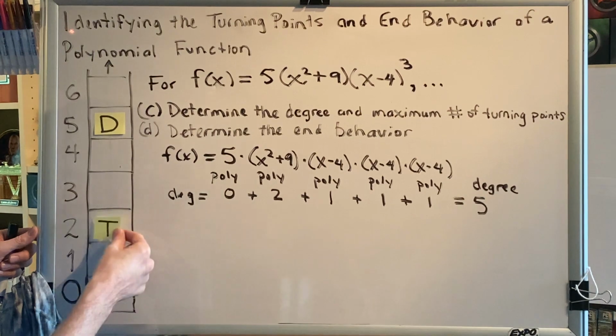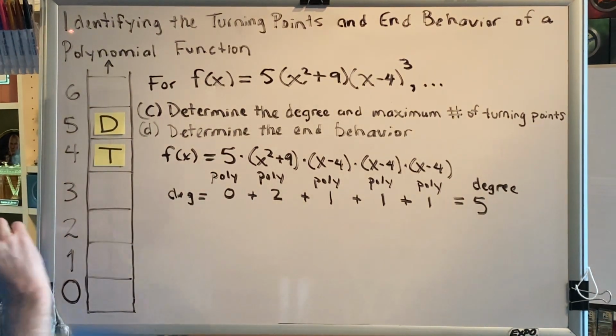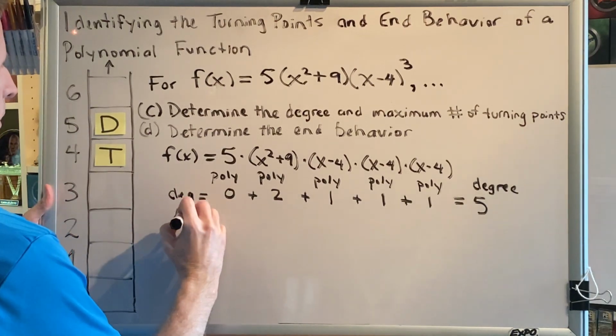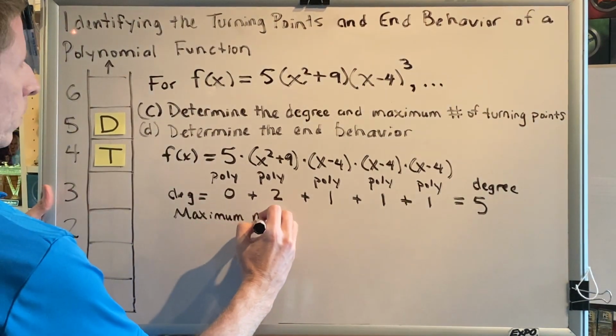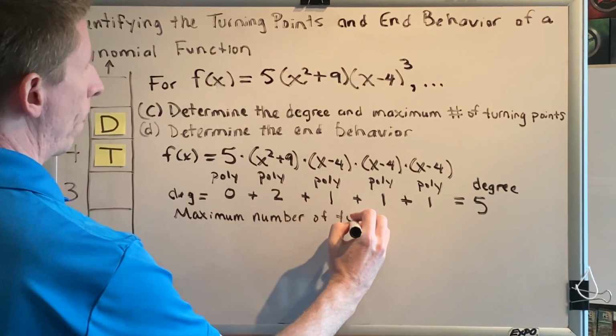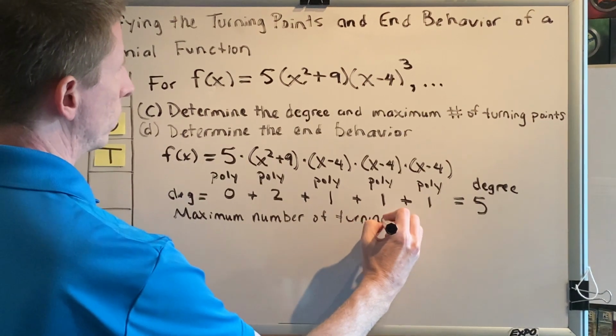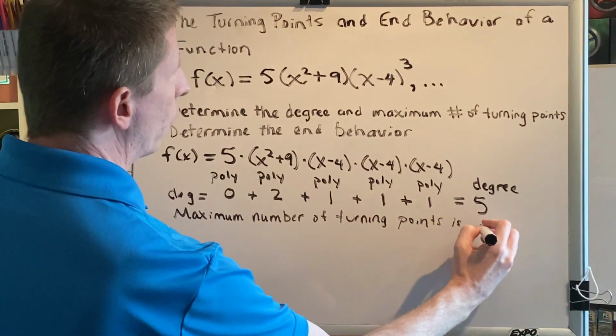So therefore, what is the maximum that it could be? The answer is 4. So, the maximum number of turning points is 4.